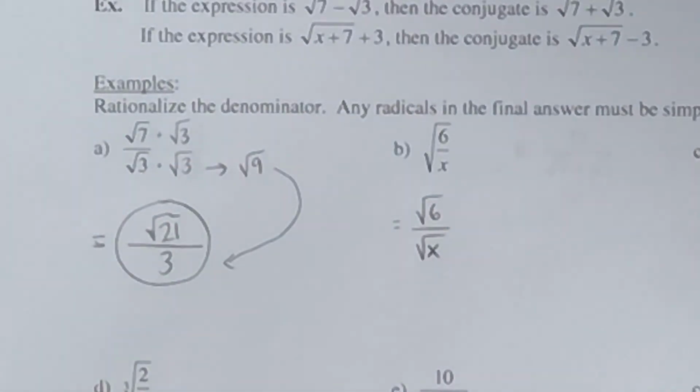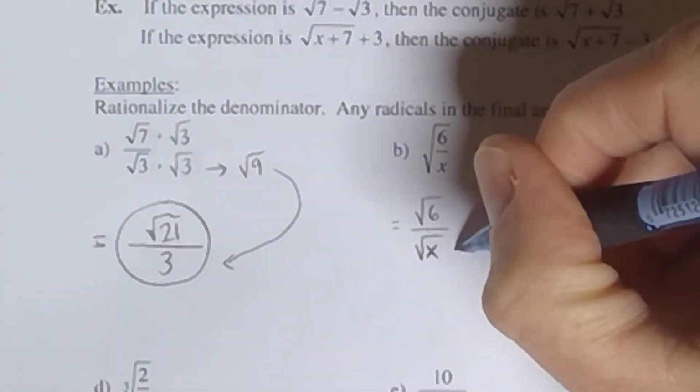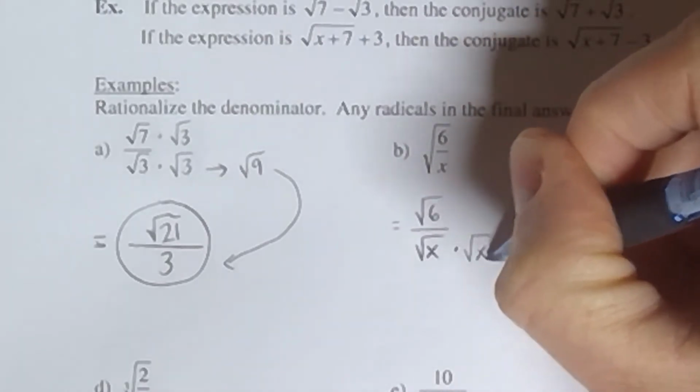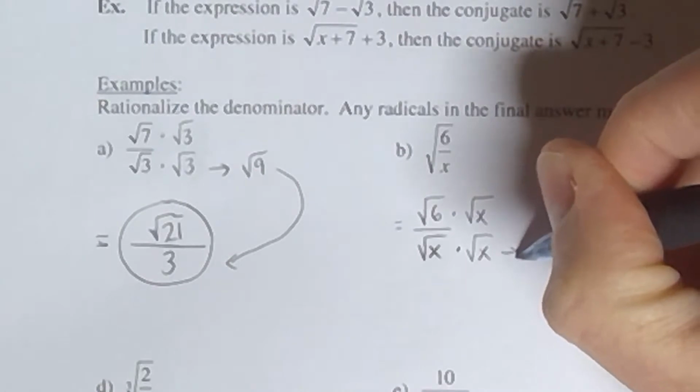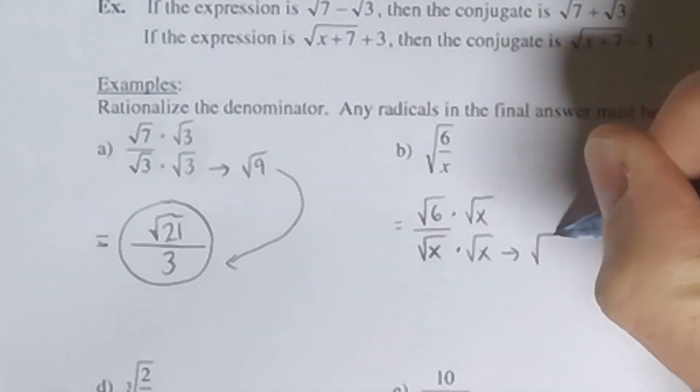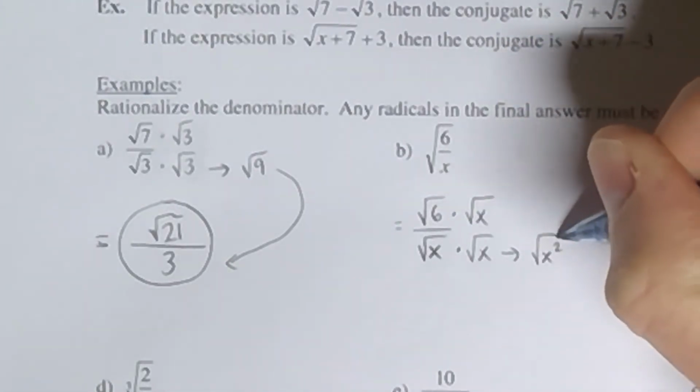What was that? Well, if you've got a square root on the bottom, just multiply by the same square root. And why does that work? It's because the bottom is now going to be, again, inside times inside stays inside.